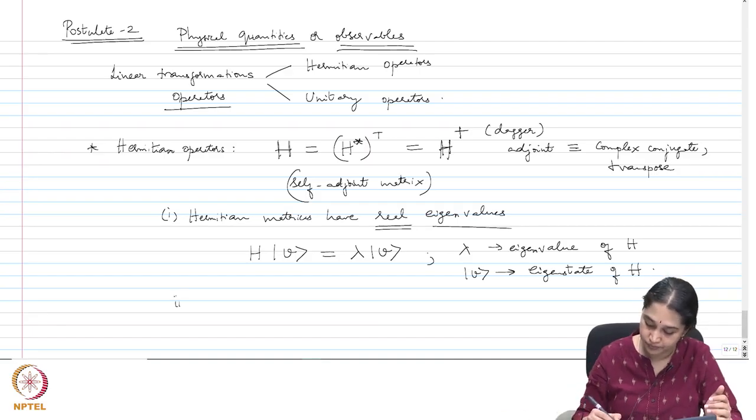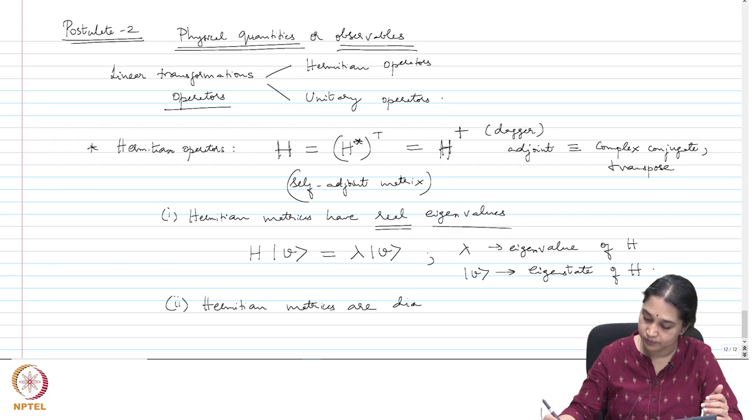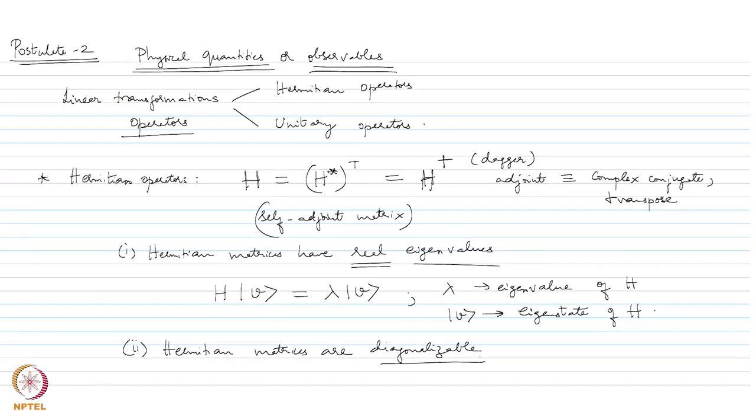Secondly, Hermitian matrices are diagonalizable. What this means is that they admit a diagonal form in some orthonormal basis. Remember, there are several bases that we can construct for a given vector space, right?